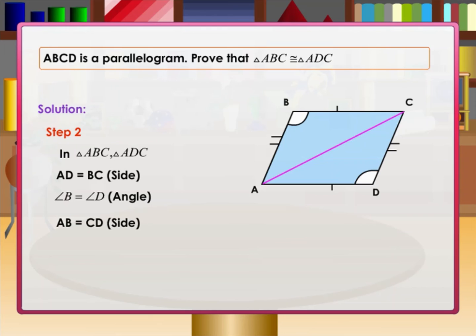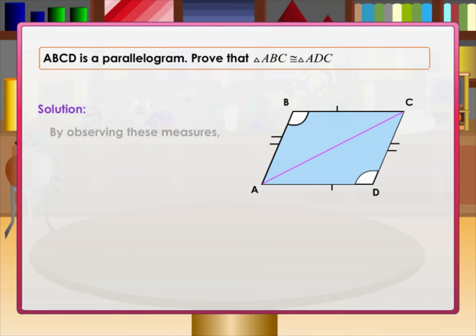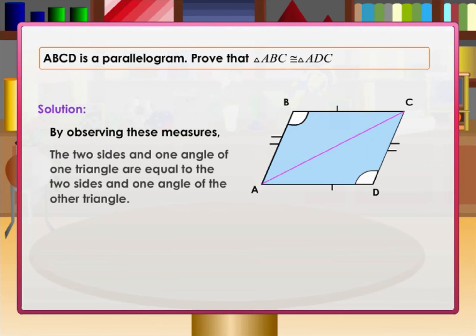By observing these measures, the two sides and one angle of one triangle are equal to the two sides and one angle of the other triangle. So, by SAS congruence rule, these two triangles are congruent. Therefore, triangle ABC is congruent to triangle ADC, hence proved.